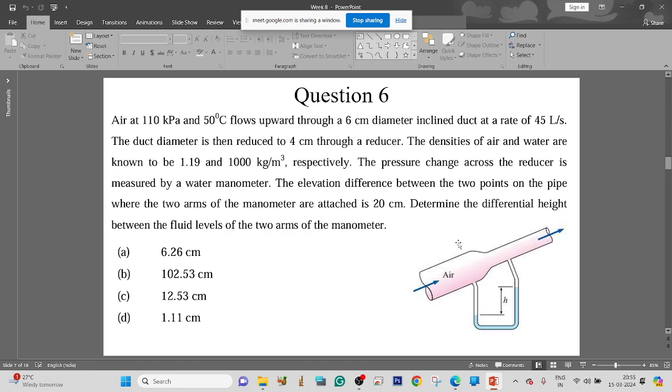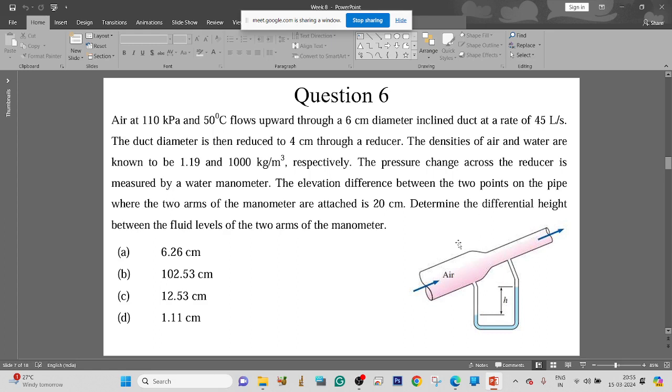This is 0.045 meter cube per second, right? So we have just converted it. This is the manometer we have connected here. This is point 1, this is point 2. The distance between point 1 and point 2 is 20 centimeter. The density of air is 1.19 and water is 1000.